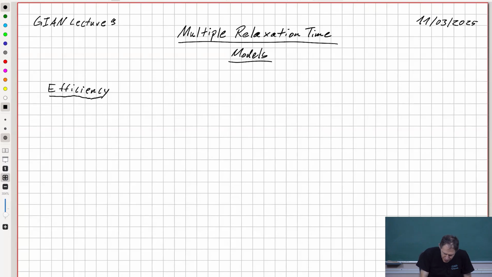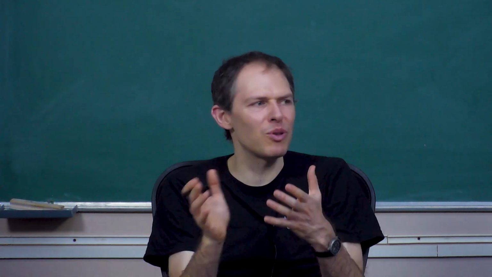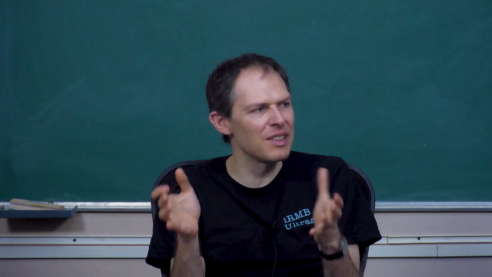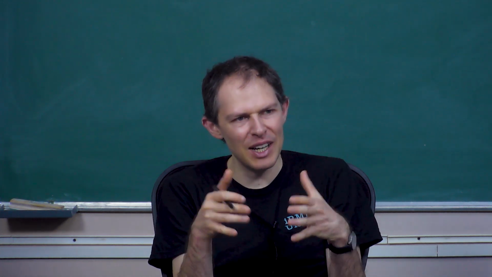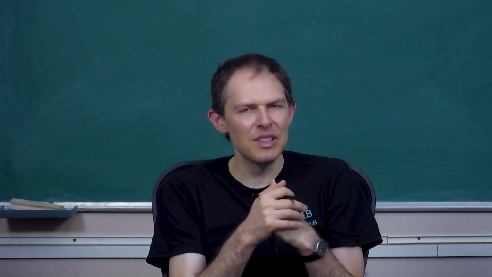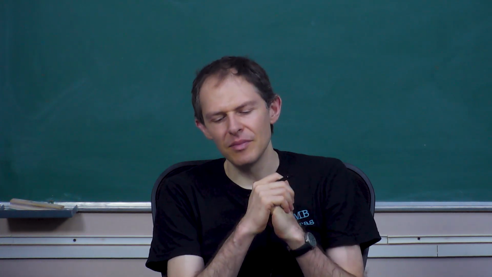So I may have told you about all the different ways of implementing collision operators. So far we have just seen the BGK version, but this was just an approximation where we have many moments and we deal with all the moments the same way. Now we want to deal with different moments in a different way.